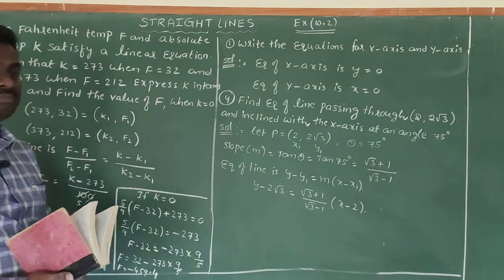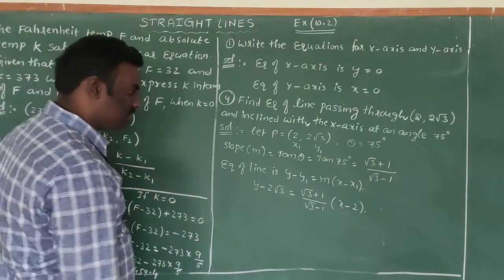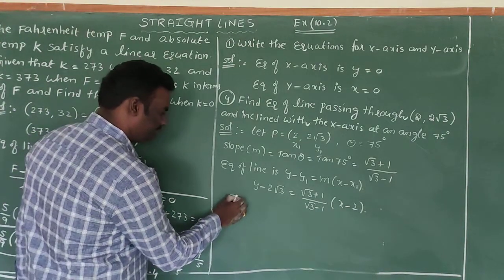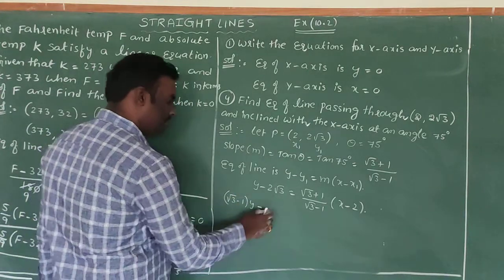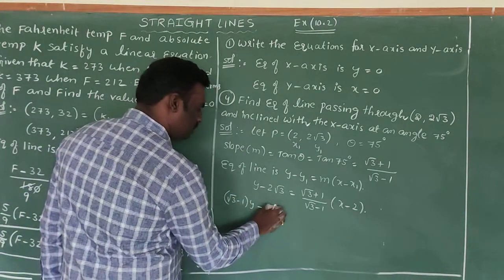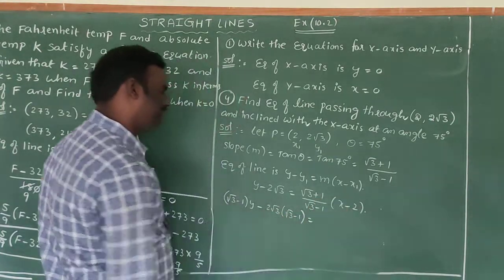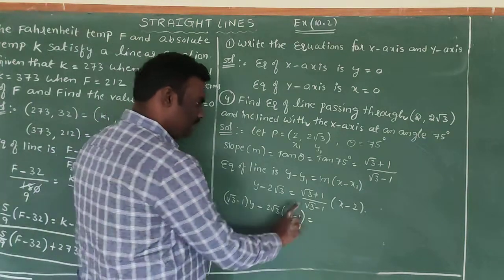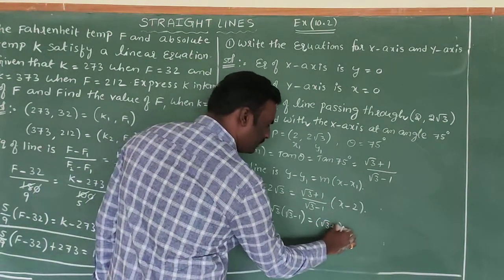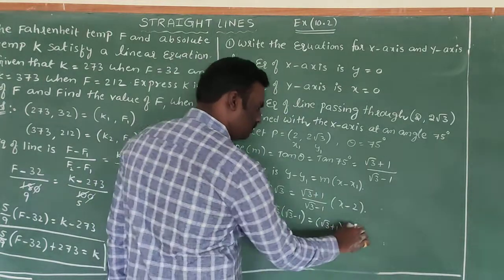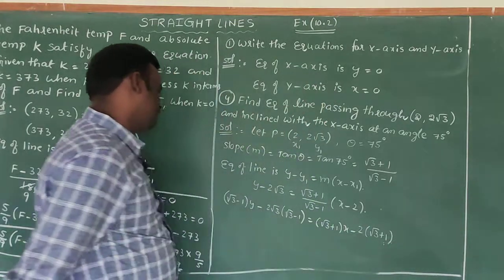Now if you simplify, you will get root 3 minus 1 into y minus 2 root 3 into root 3 minus 1, equals root 3 plus 1 into x minus 2 into root 3 plus 1. Simplify.